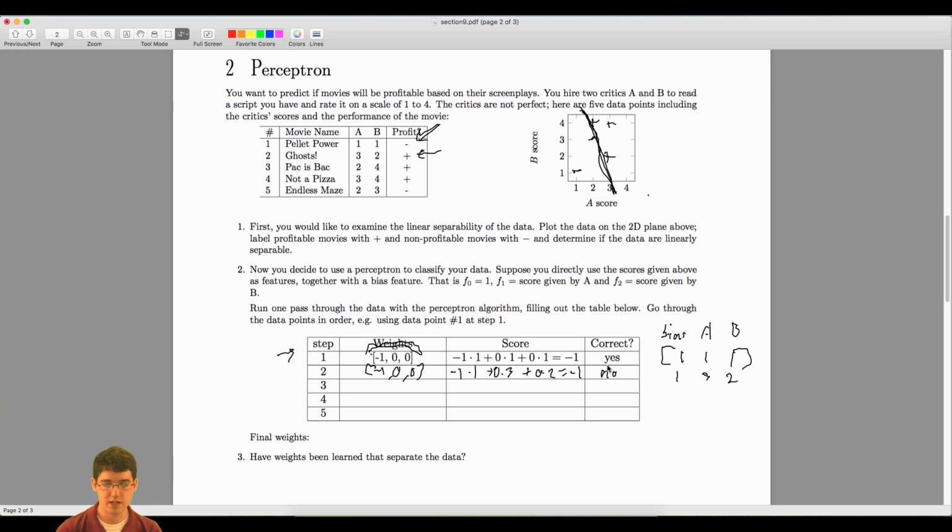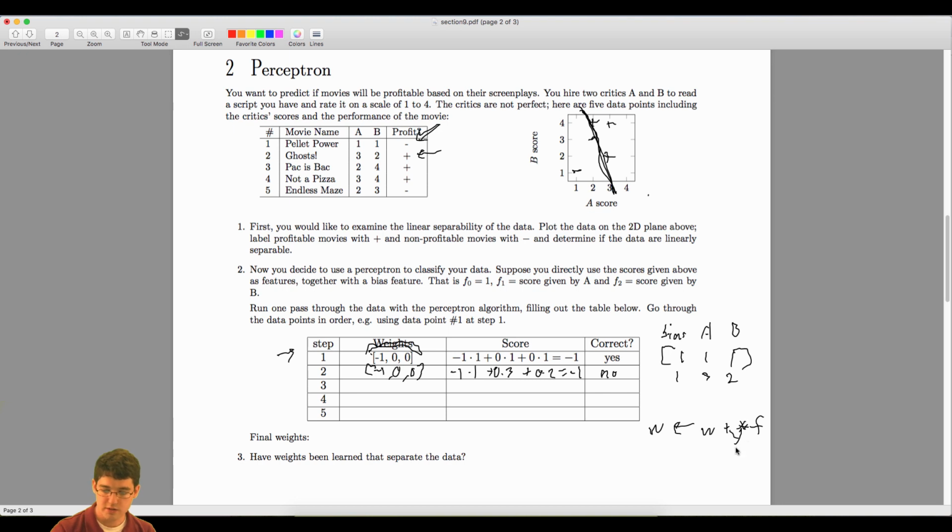When our prediction is incorrect for a point, now we're going to make an update of our weights. We only make updates when we have the wrong answer. The update we're going to make is W plus Y star times the feature vector.